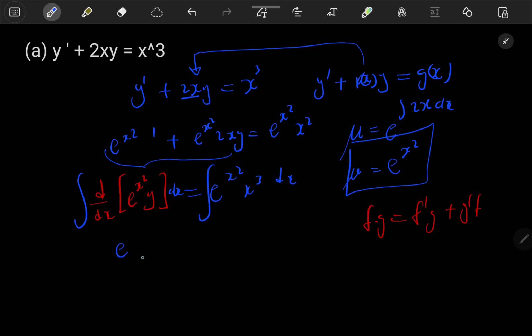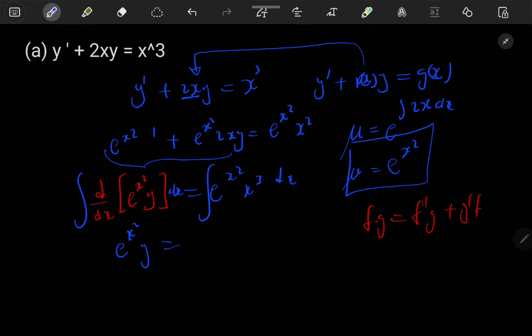A differential means a very small thing, and if I add up the small things, I can get the big thing. For instance, if I integrate something that is a differential of x, it's going to be just x. So then the left side yields the same thing as it is.